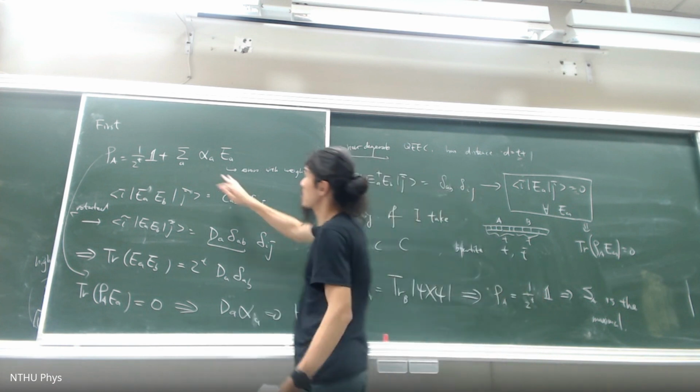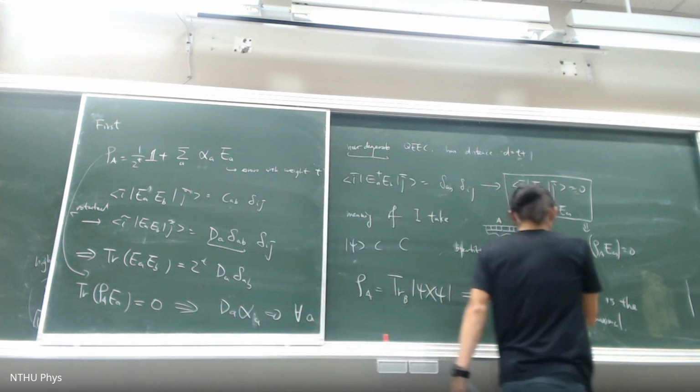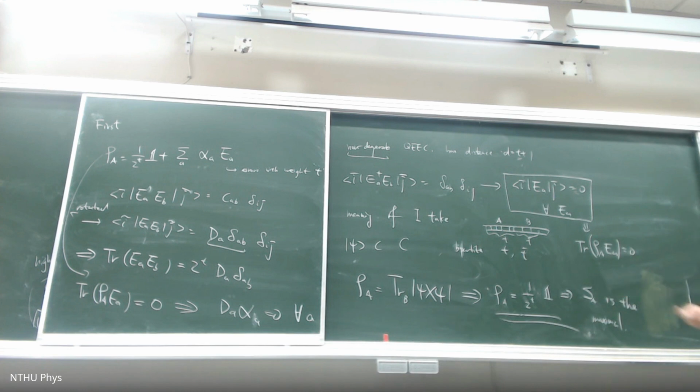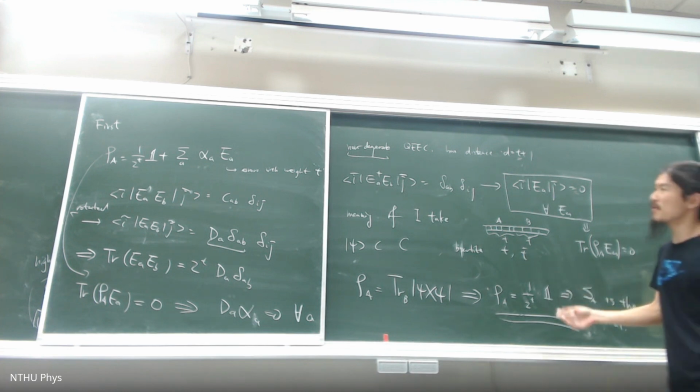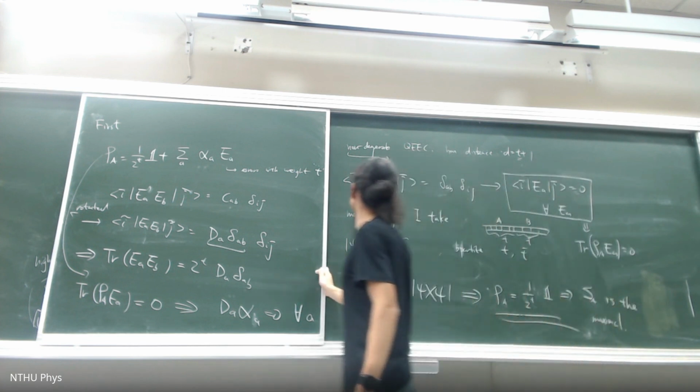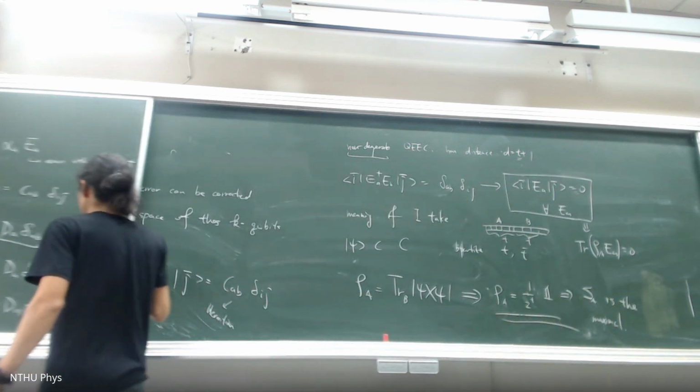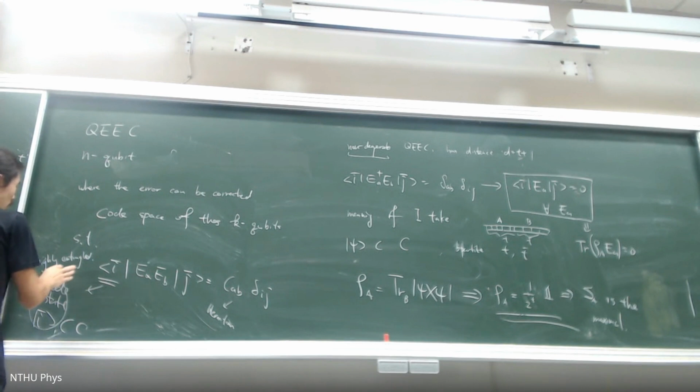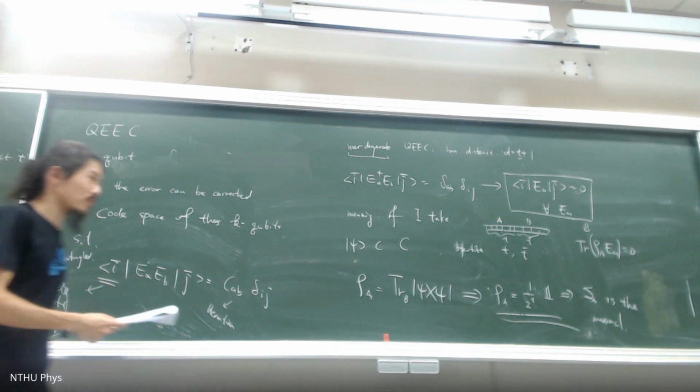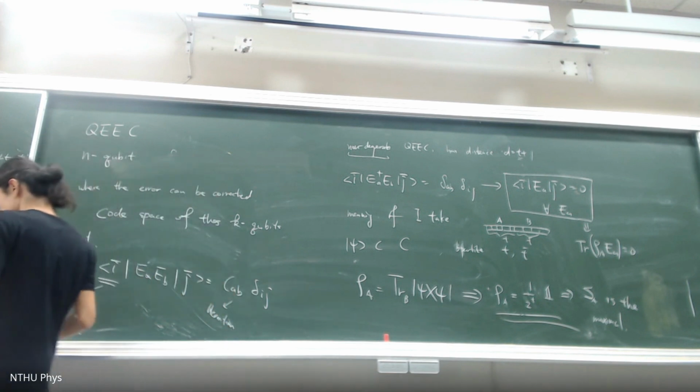So if alpha is 0, then I prove this one. And this is a mixed node. This is just demonstrated by an example that in a quantum error correction code, the code state is highly entangled. But that is what you can expect.